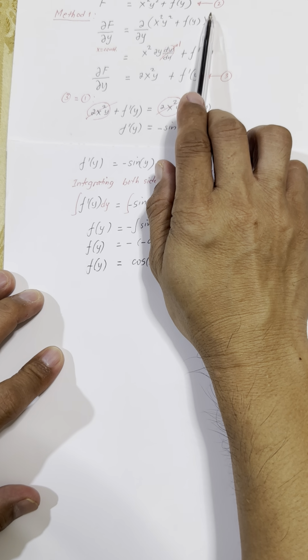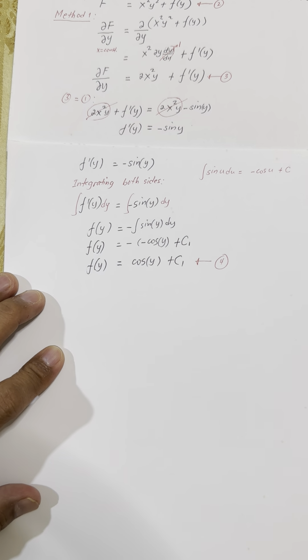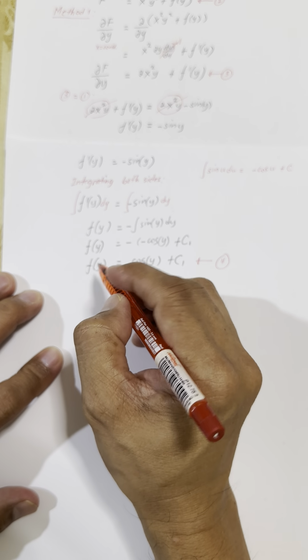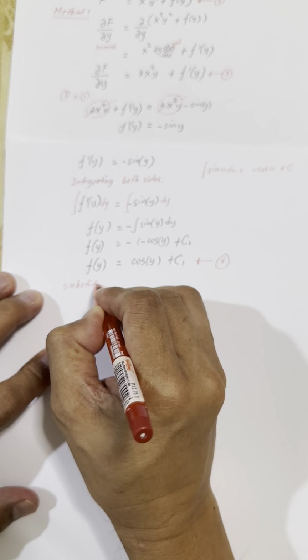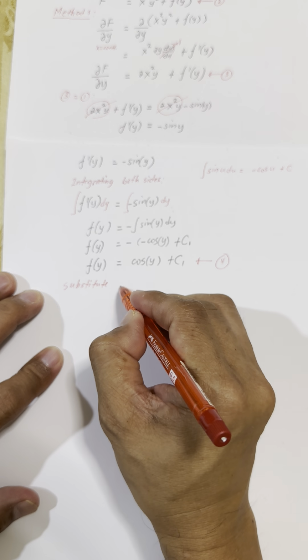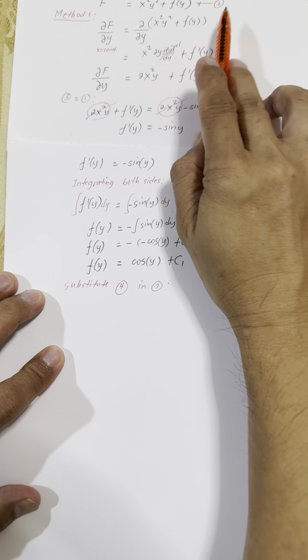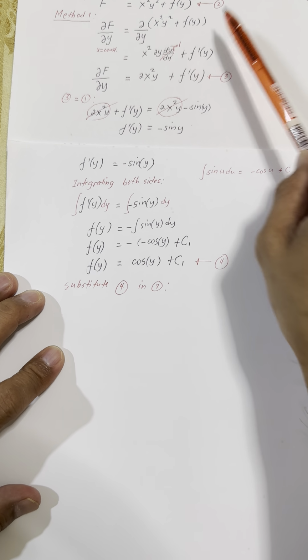In equation 2 we have f, so for your guide, we have to substitute equation 4 in equation 2. Our equation 2 is this one. Okay, this is our equation 2.